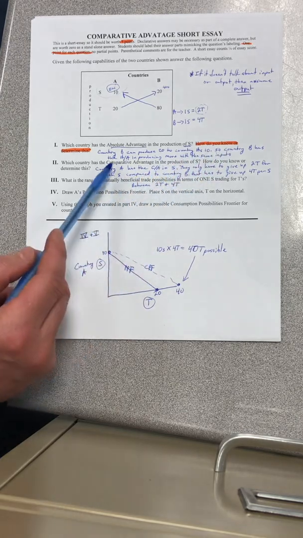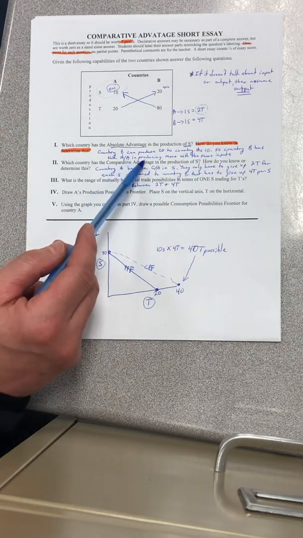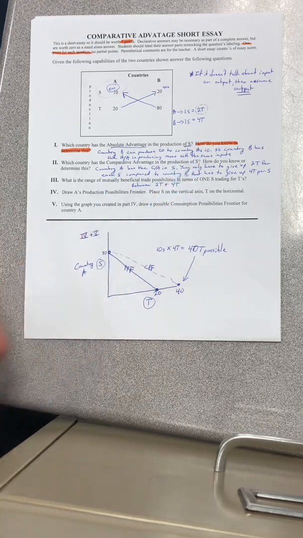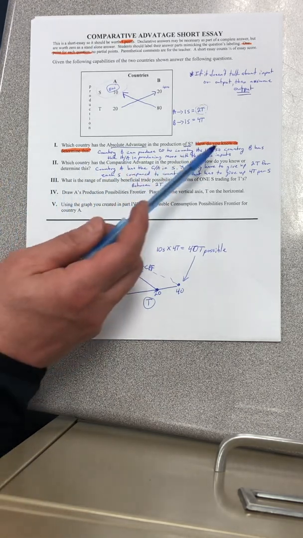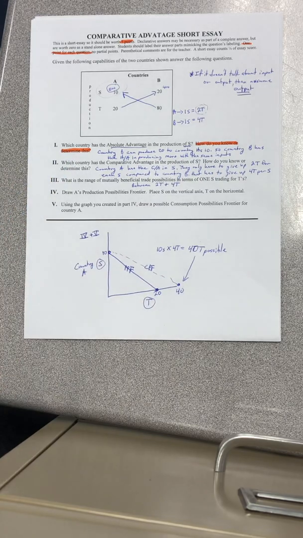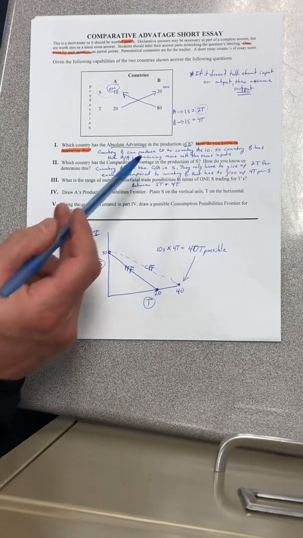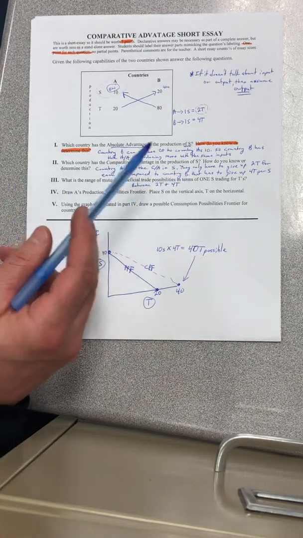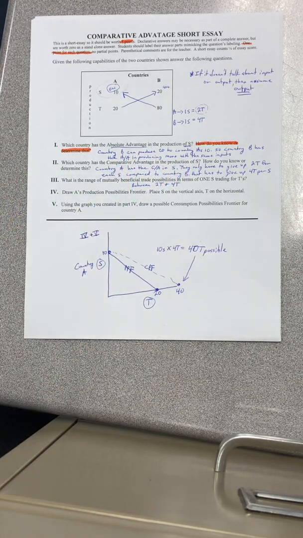So country B has the absolute advantage in producing more with the same number of inputs. You want to make sure you explain, because it asks how you determine this. You want to show how much they both can do and show that country B can do the 20 compared to the 10. And then you need to say that they have the absolute advantage because it's using the same number of inputs.